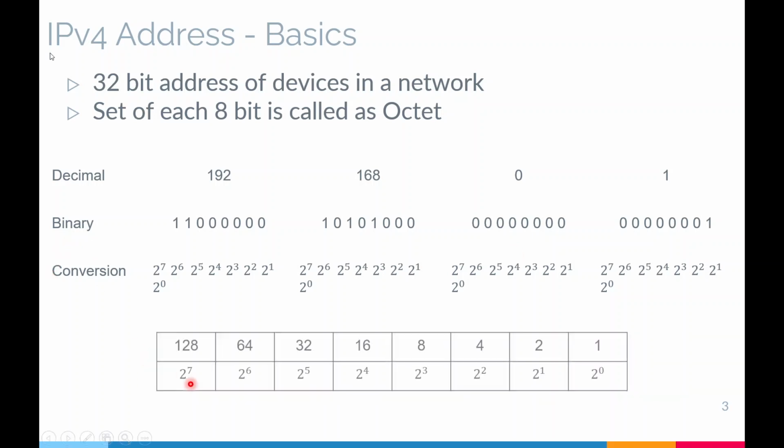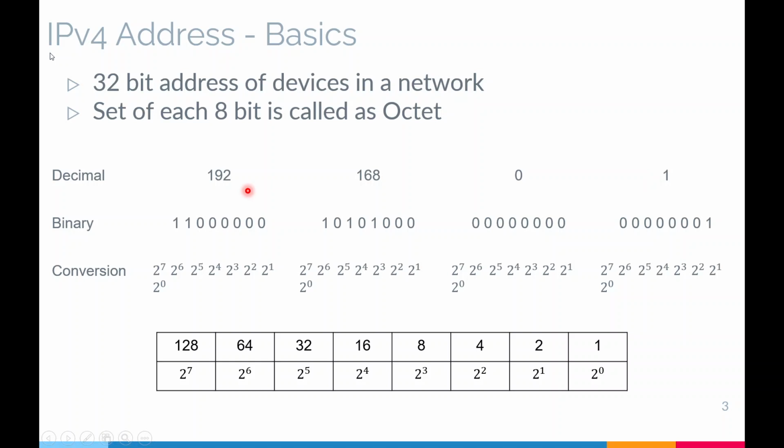Now let's understand this example in detail. The first thing we should observe is that 192, 168, 0, and 1 are all decimal and are all separated by a dot, although the dot is not shown here.